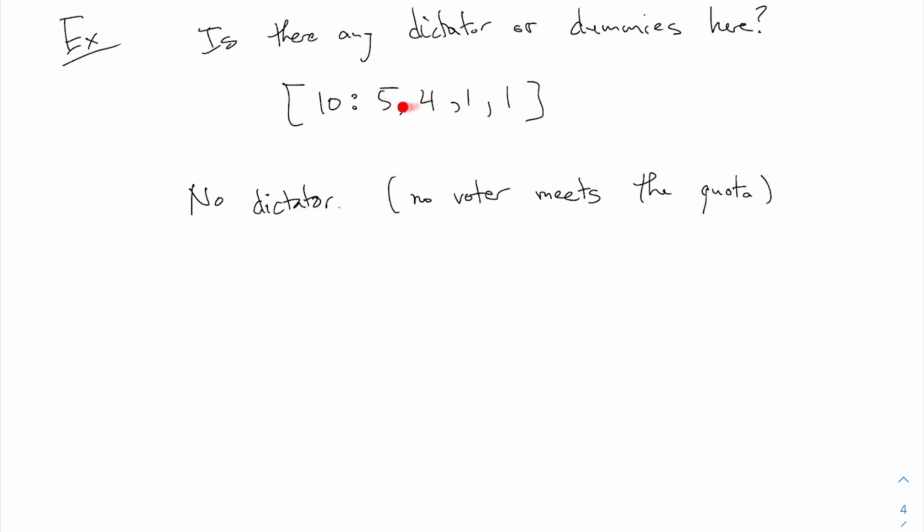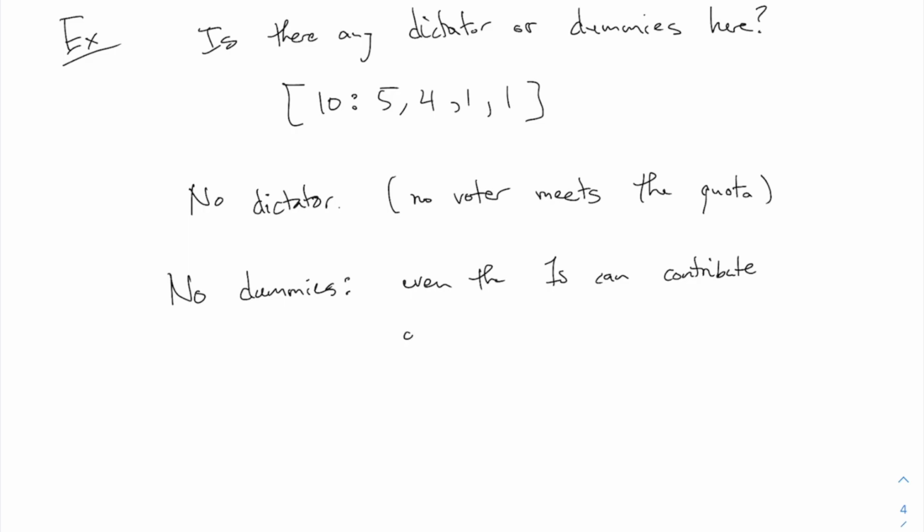If the 5 and the 4 were already going to vote yes, then it matters if this one is also going to vote yes. So in this case, there are no dummies, because even the ones can contribute.